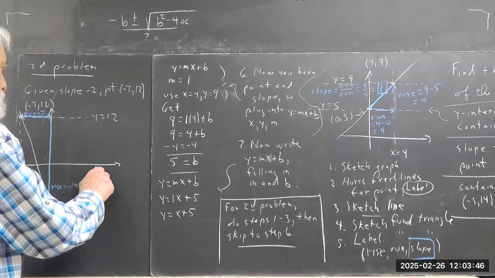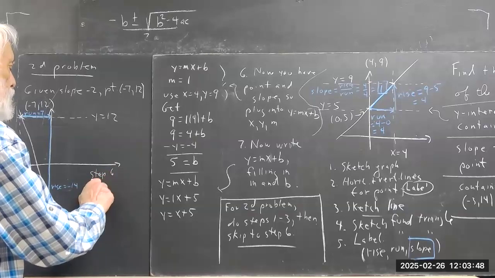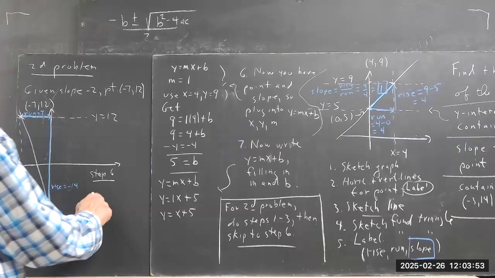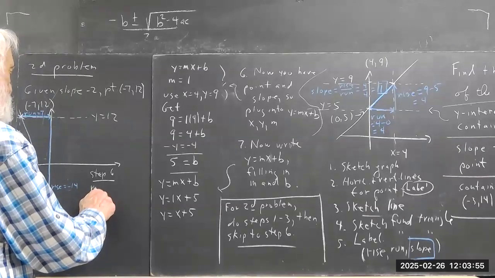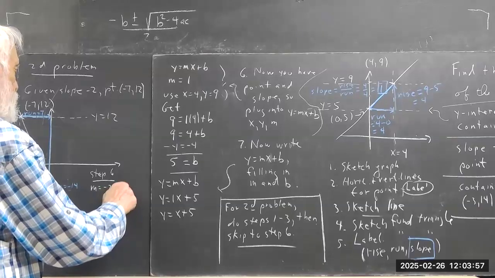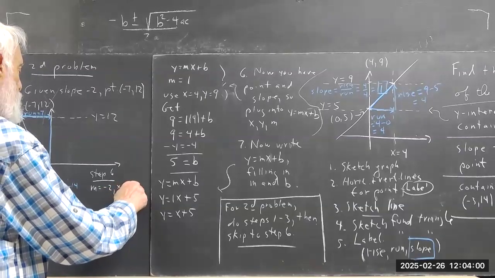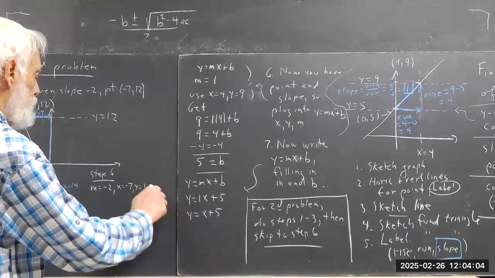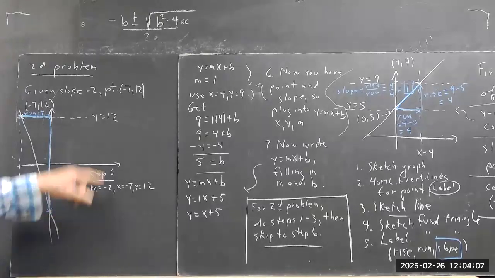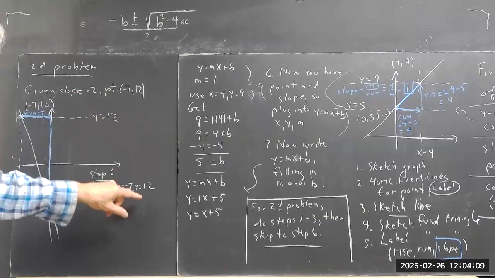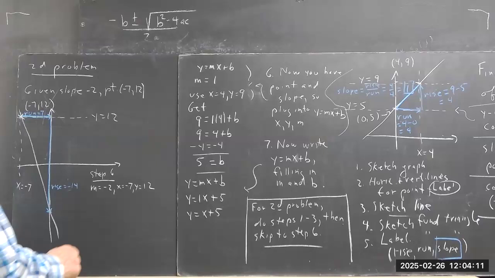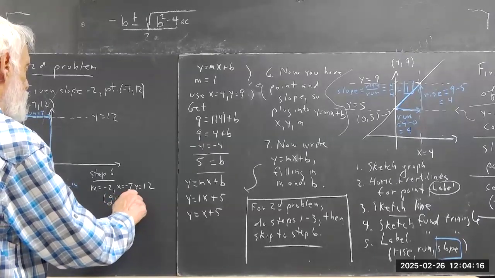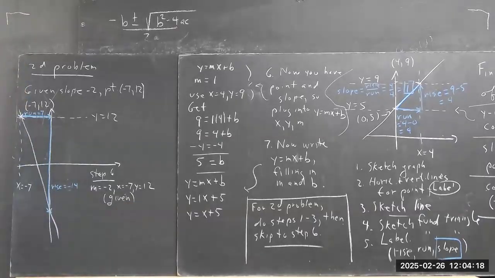Then we skip to step 6. And we say that m is -2, x is -7, y equals 12. All this is given, isn't it?